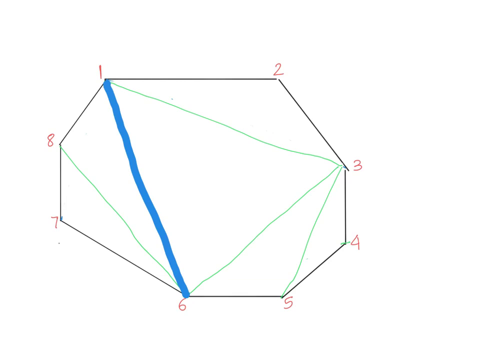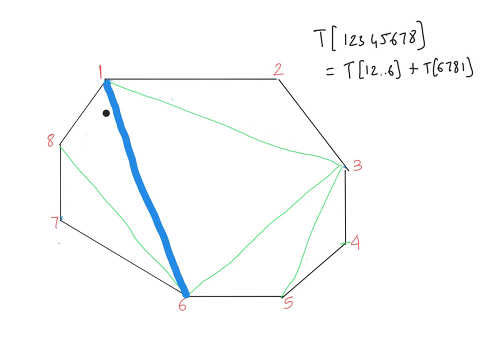So it is a valid thing to say the minimum cost triangulation of the entire polygon that we had earlier, which let me just call the polygon 1, 2, 3, 4, 5, 6, 7, 8, is of course equal to the minimum cost triangulation of the left half 1, 2, 6 plus the minimum cost triangulation of the right half, which is 6, 7, 8, 1. So this depends on assuming 1, 6 is part of a minimum cost triangulation.